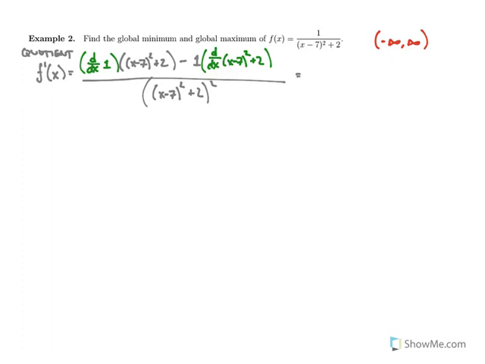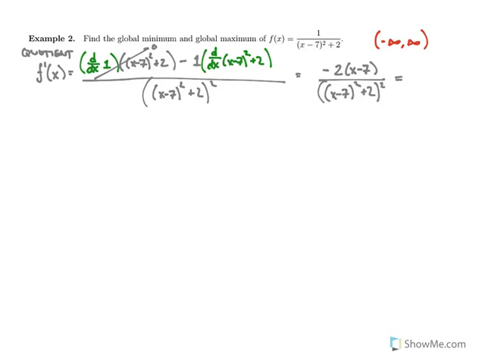So this is going to give us 0 for all of this, 0 times that. It's going to give us the derivative of the top, derivative of the bottom, negative that, which is going to be 2 times x minus 7 plus 0. Using a little bit of chain rule there, bringing the 2 out in front, then multiplying by the derivative of x minus 7. All over the x minus 7 squared plus 2 quantity squared.